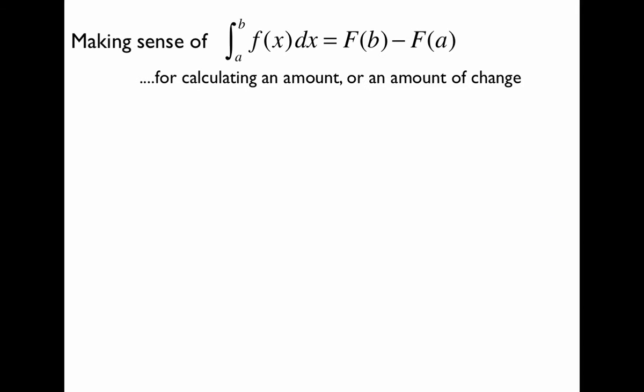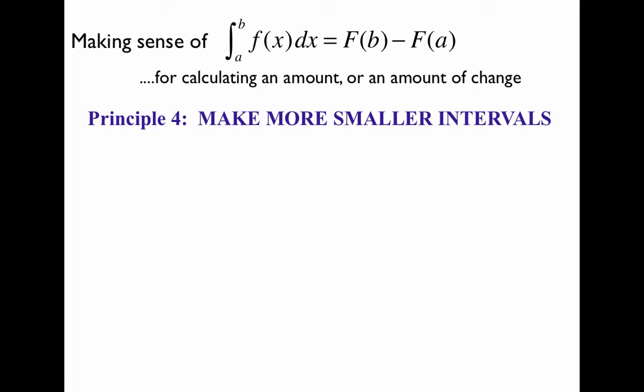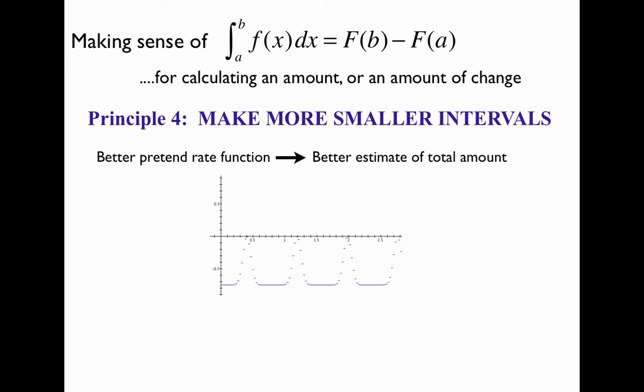Make smaller intervals, right? So that's principle 4, make more smaller intervals. A better pretend rate function means a better estimate of your total amount, because your rate function is doing a better job of mimicking the real rate function.